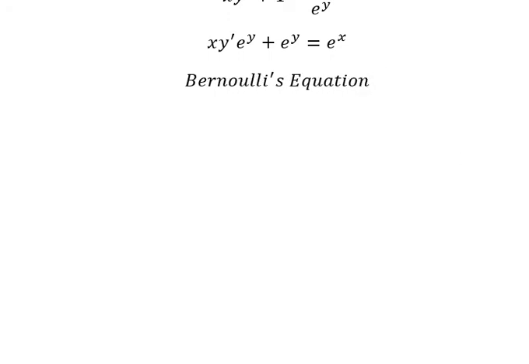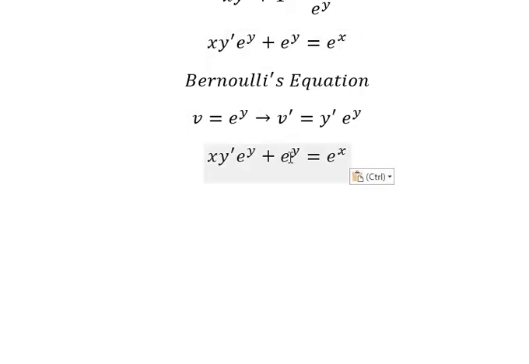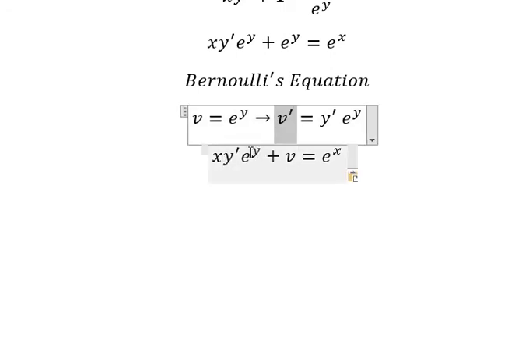So I will put v equals to e to the power of y. Later that we do first derivative for both sides, and we have like this. So this one we change by v, this one we change by this one.